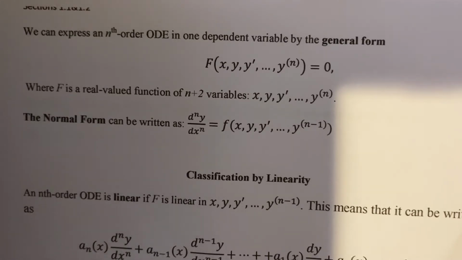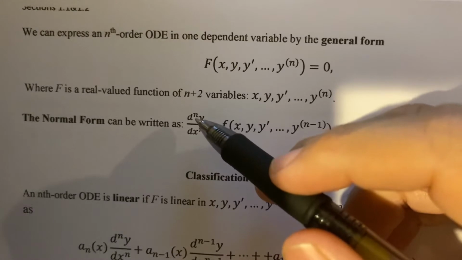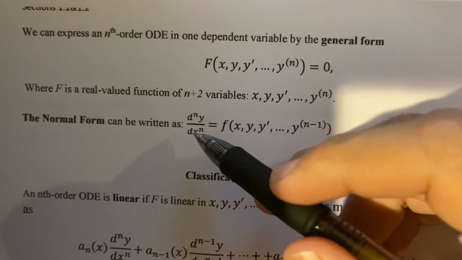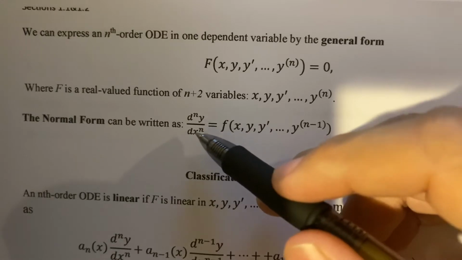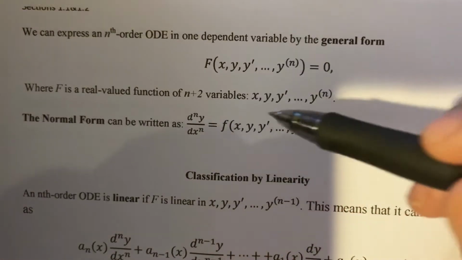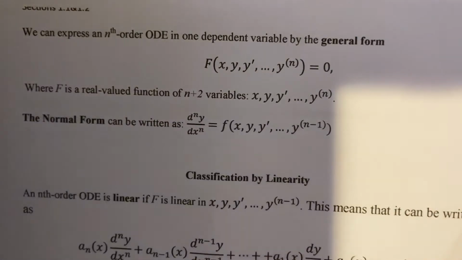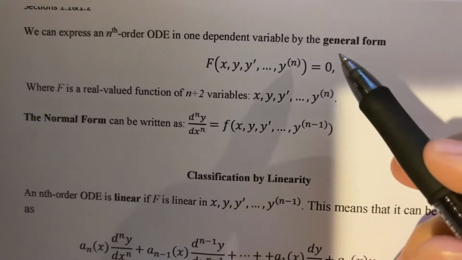The normal form can be written as d to the n y over d x to the n, so that n just tells you the order, and how many times each derivative is with respect to x, so they should match, equals F of x, y, y prime, all the way up to y to the n minus 1. So general form is where you just have your entire differential equation set equal to 0.